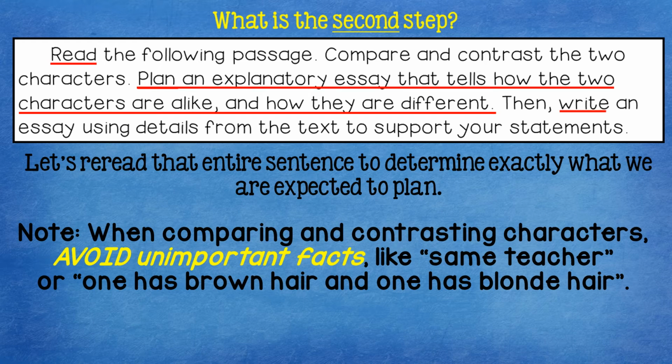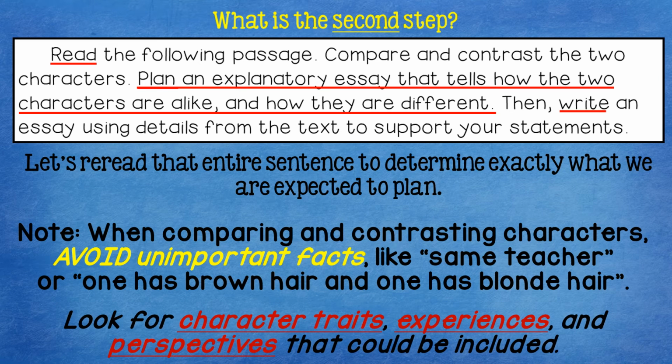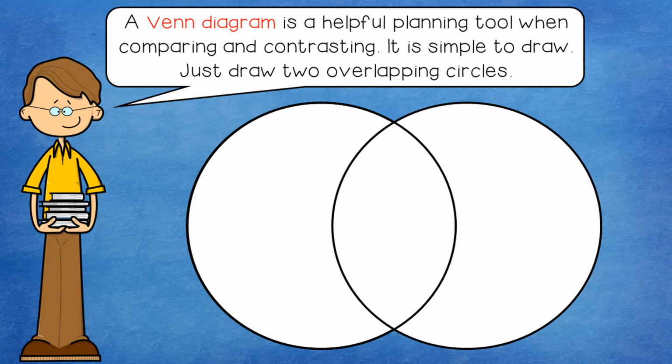So note, when comparing and contrasting characters, we need to avoid unimportant facts like the same teacher, or one has brown hair and one has blonde hair. We want to look for character traits, experiences, and perspectives that could be included.